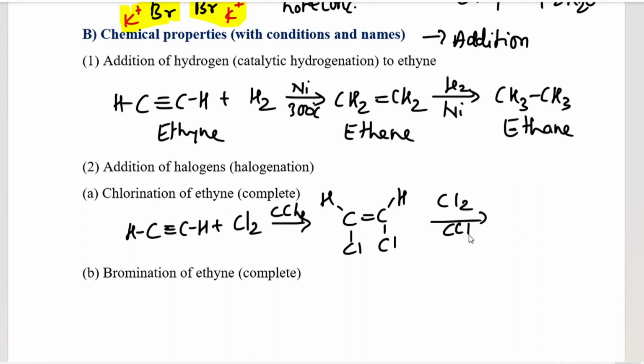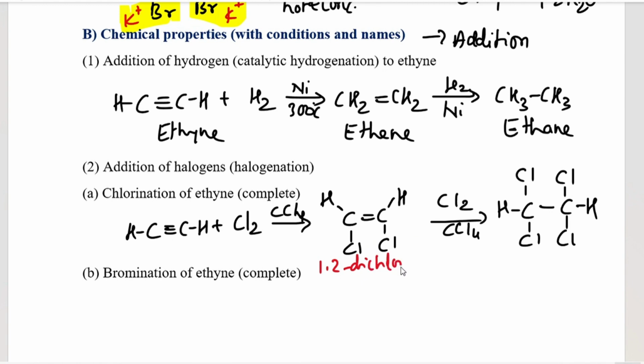Do one more time Cl2 in CCl4 and you get CHCl2-CHCl2. Now naming: 1,2-dichloroethene. And this is 1,1,2,2-tetrachloroethane.